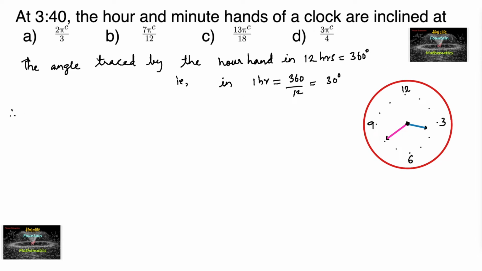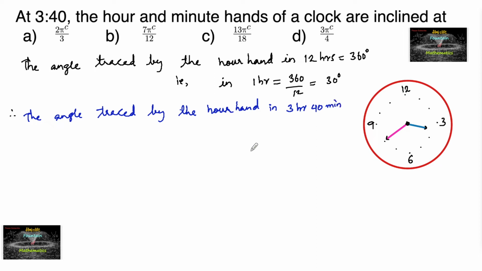Therefore, the angle traced by the hour hand in 3 hours 40 minutes, so that is 3 plus 40 by 60 hours.